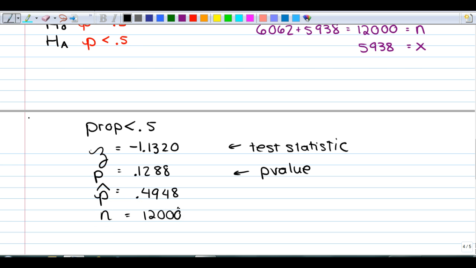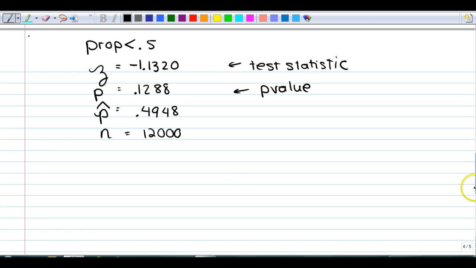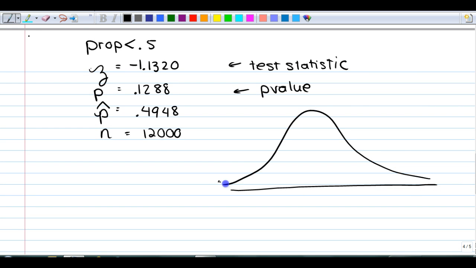What does this mean? Well, we have a set of P statistics and we have a set of z statistics. We were betting that P was 0.5. That would be 0 on the z-axis.